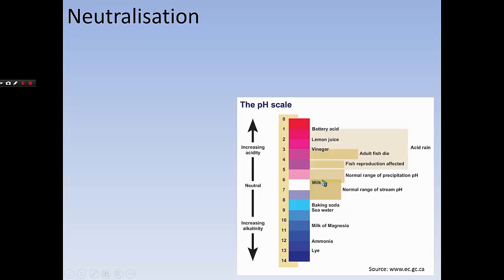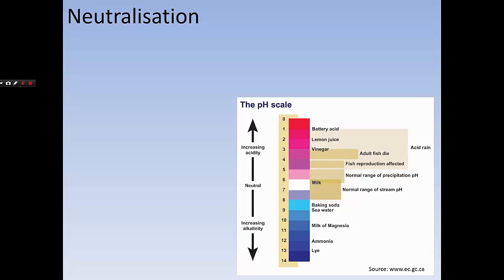For example, as shown in this figure, a pH less than 5 would affect fish reproduction, and a pH less than 4 will kill fish. So we can't discharge highly acidic or alkali solution directly into the environment.